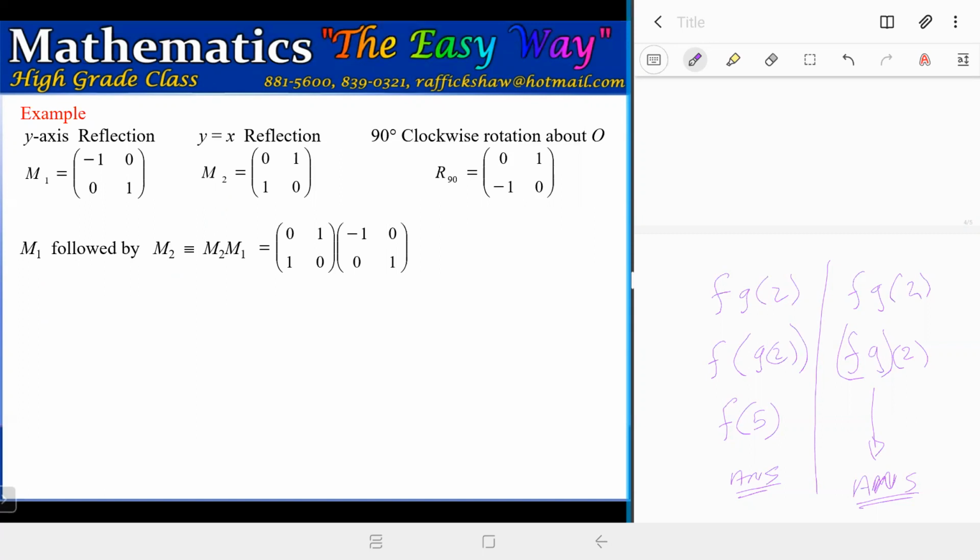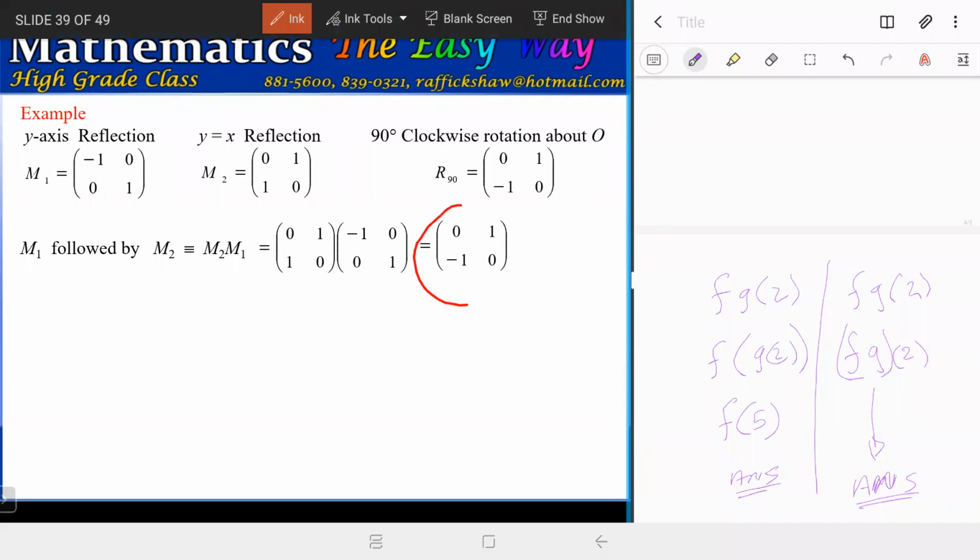So we'll multiply the second transformation matrix by the first one. And to carry out that multiplication, you're going to get the 90-degree rotation matrix, because that's what they are already equal to. So if you actually multiply them, you're going to get the clockwise 90-degree rotation matrix.